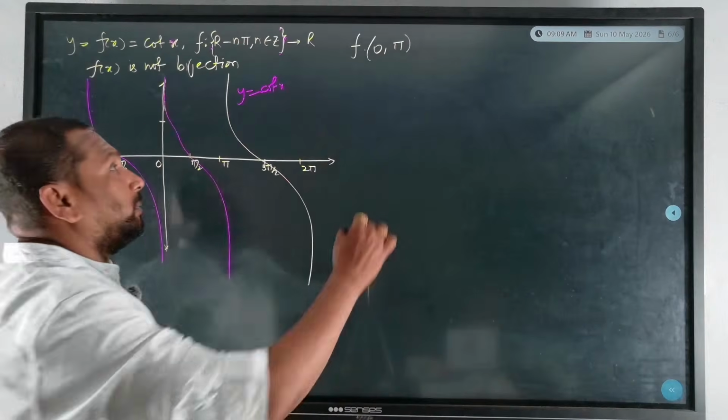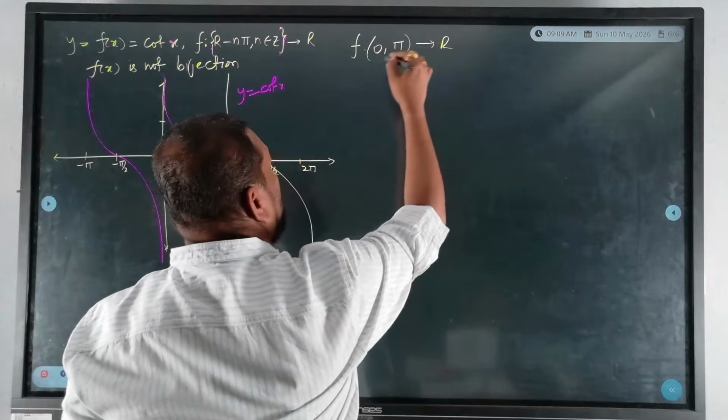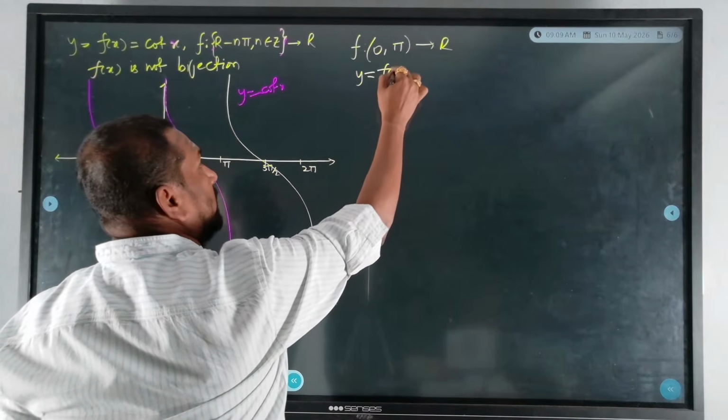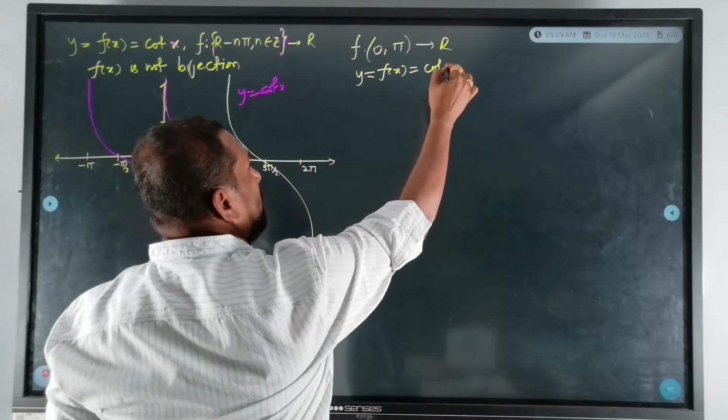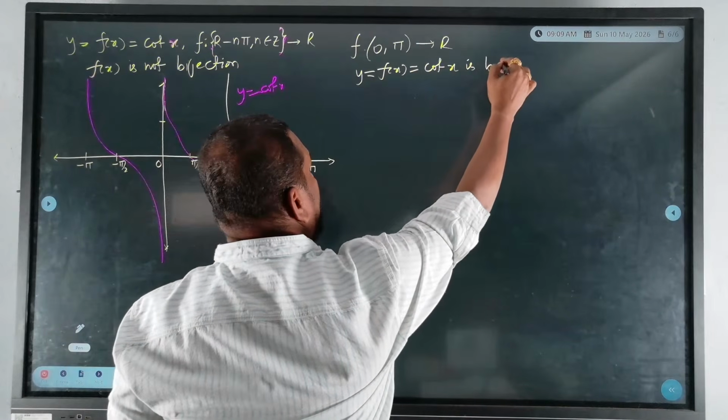So f maps open 0 to pi to R, y is equal to f(x) is equal to cot x is a bijection.